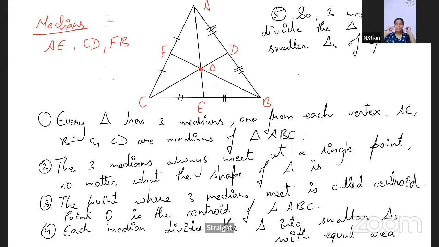No, ma'am, I mean, if I draw the line segment AE, but I don't know how to draw the line segment BF. I don't know where the line will fall. So I draw AE and I draw CD.